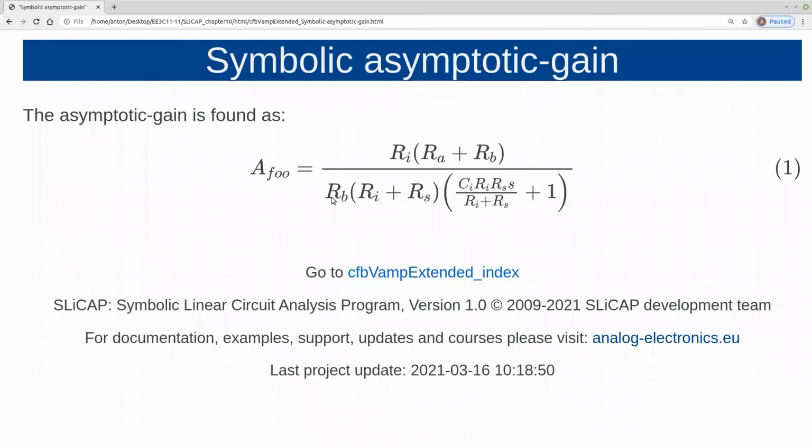And then there is another attenuation, Ri divided by Ri plus Rs, a DC attenuation between the source impedance and the input resistance to ground of the operational amplifier, and a time constant, the input capacitance, and the parallel connection of Ri and Rs. Let's look at the circuit to see if we can understand this.